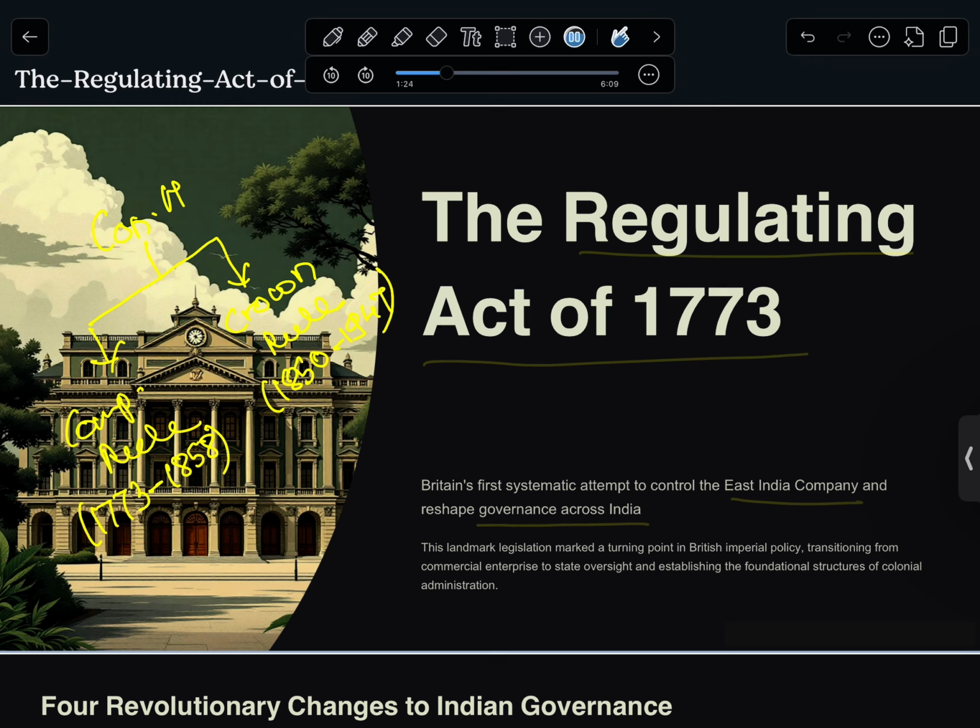So in this Regulating Act of 1773, we can say that the British made the first attempt to control the East India Company and reshape the governance of India. This Regulating Act is also a fundamental act, as we said earlier. On the basis of this act, the British introduced four revolutionary changes to Indian governance, which are as follows.